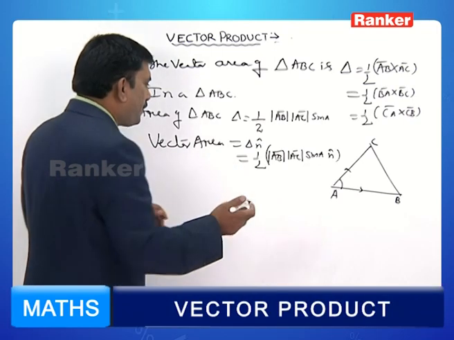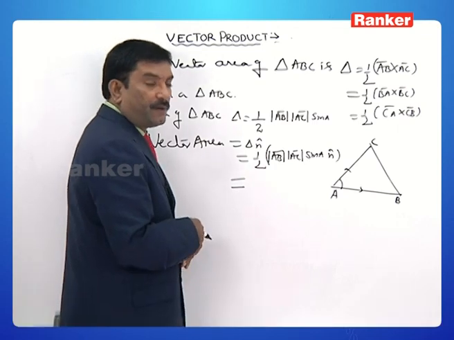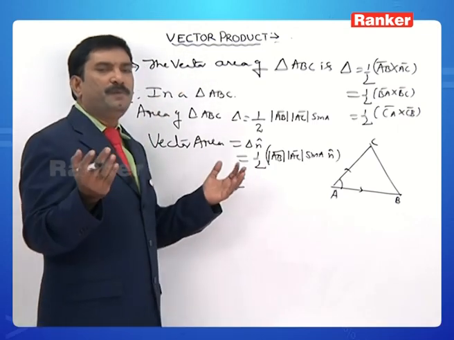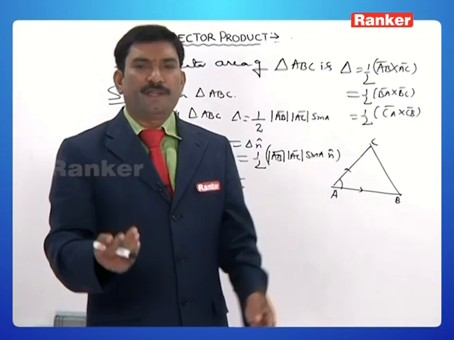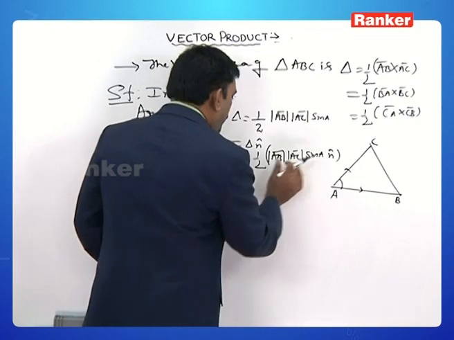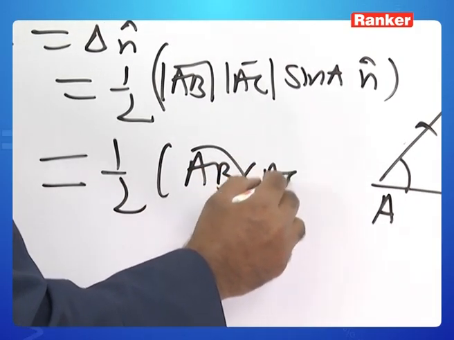By definition of cross product, A bar cross B bar is equal to mod A, mod B, sin theta into n cap. This is nothing but half into AB bar cross AC bar.